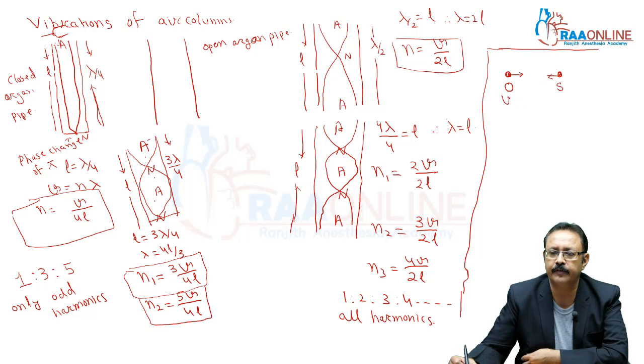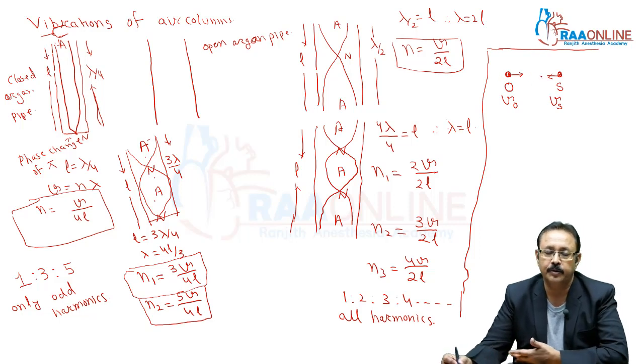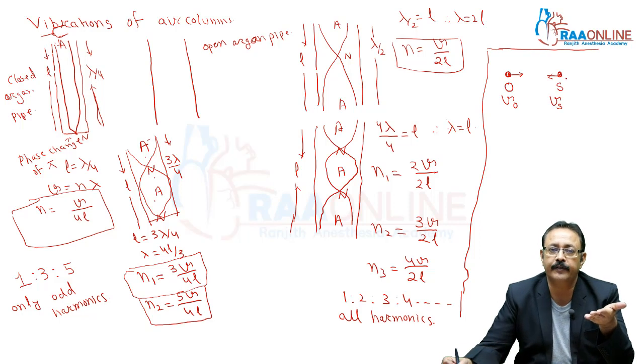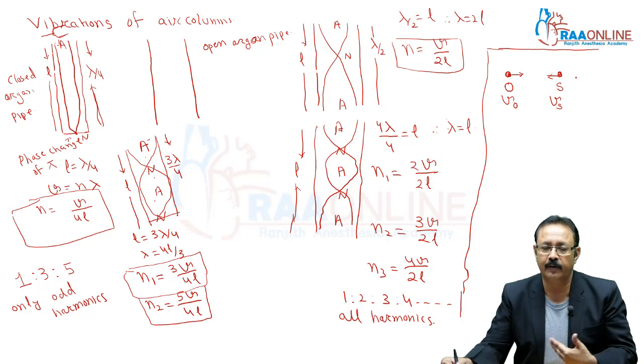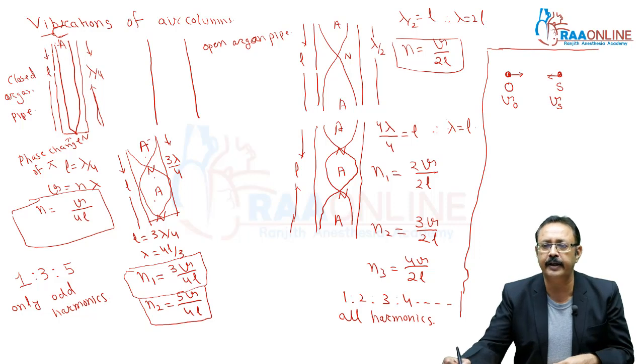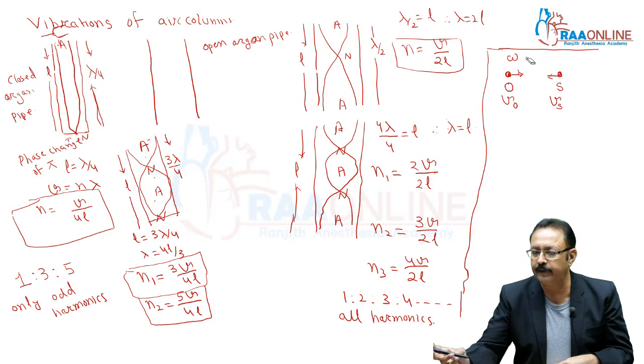Speed of observer was VO, speed of source was Vs, and the medium between observer and source, you know that sound cannot travel without medium, but if medium is also moving, it means velocity of sound will increase or decrease. So medium means wind is blowing with velocity W at an angle theta with the speed of sound, and speed of sound is V.